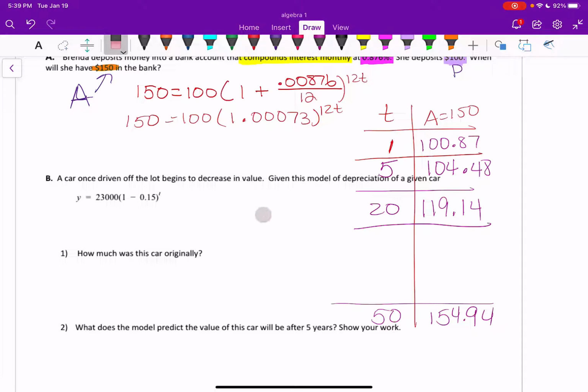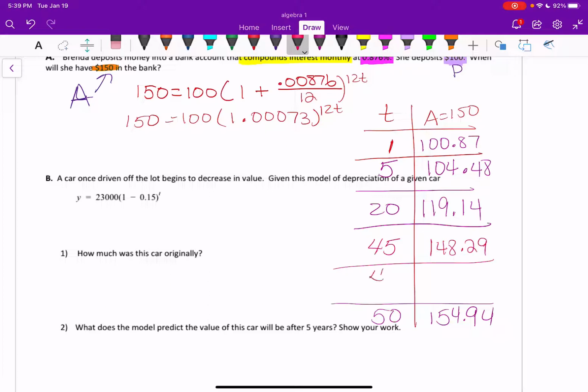Because 154 is over what we wanted, we wanted 150, I'm going to drop back to 45 and see what happens. 100 times 1.00073 raised to 12 times 45, which is 540. That's 148. Okay, so we need to go up.